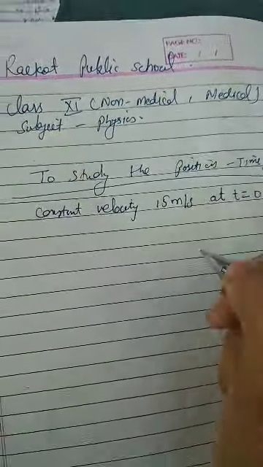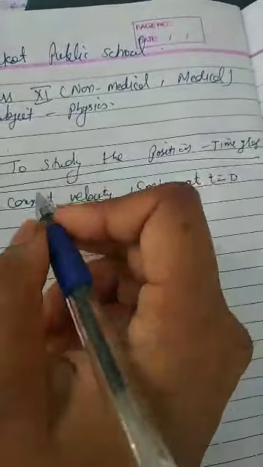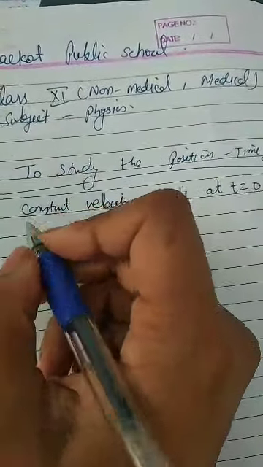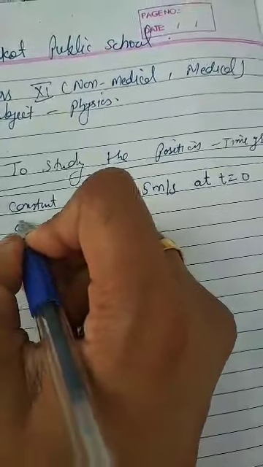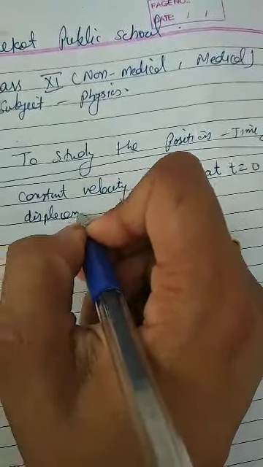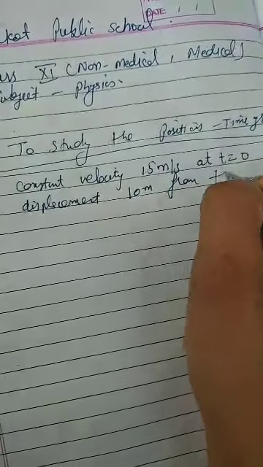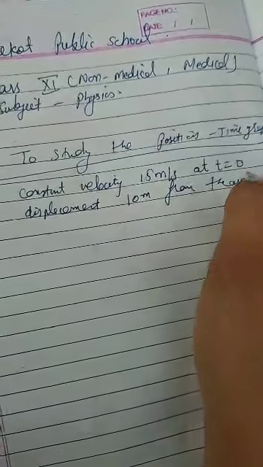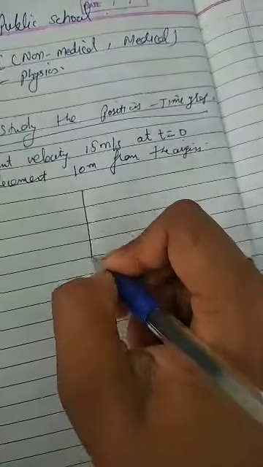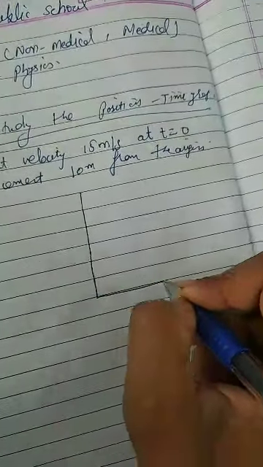is equal to 0. Then let us consider one assumption also, that the displacement of the object is 10 meter from the origin. Means from the origin, that object is placed at 10 meter.